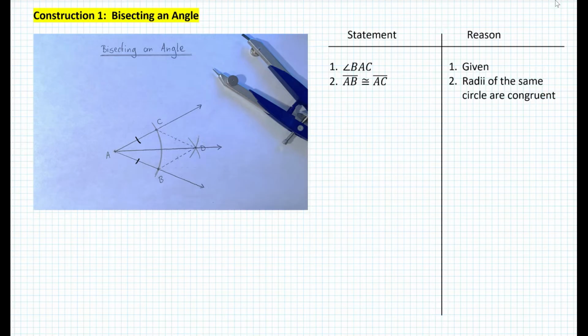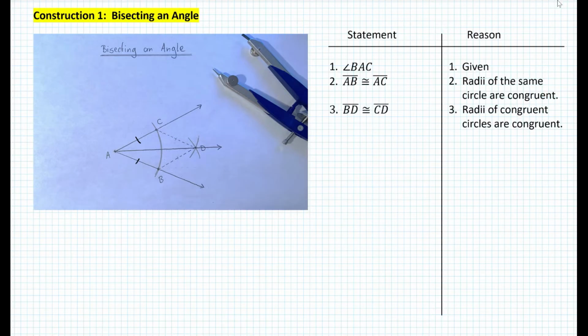Now after that, we constructed the arc that connects the radius from B to D and the arc that connects the radius from C to D. And it turns out that those radii are also congruent because they're from congruent circles. They're not from the same circle, but we did not change the width of the compass. So let's write that in.